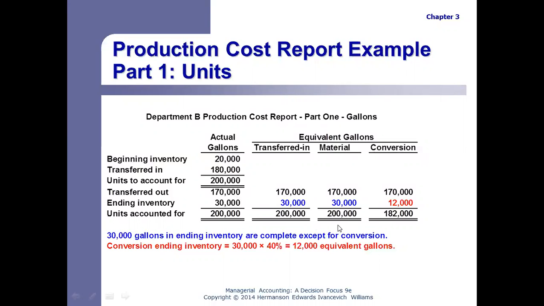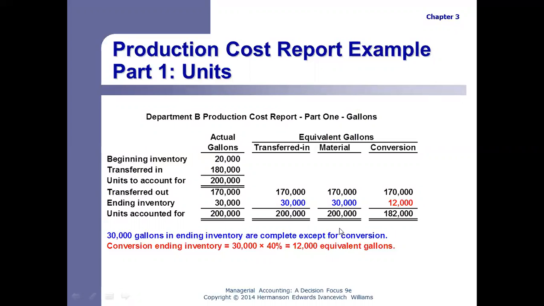Because all the materials are added at the beginning of the process, materials are always 100% complete. In a lot of processes in making a product, all the materials are added at the beginning. You always put all the materials up front and then you just have some labor in order to finish it off.